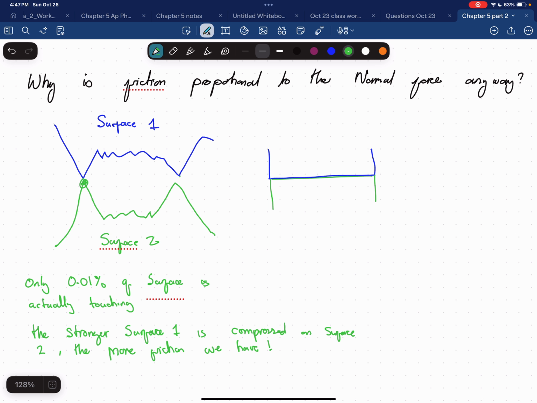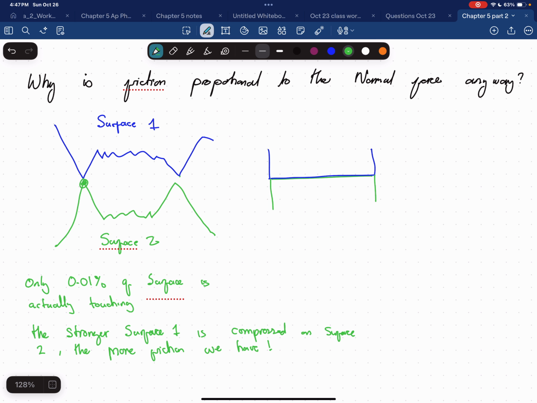The stronger I compress a box, I am in a way adding to the forces in the negative y direction, so my normal force will also increase.